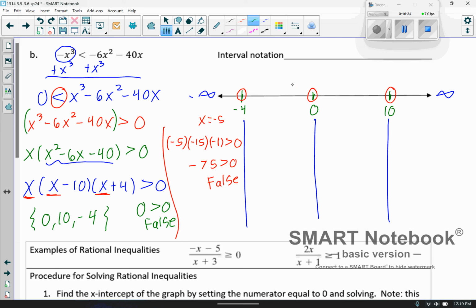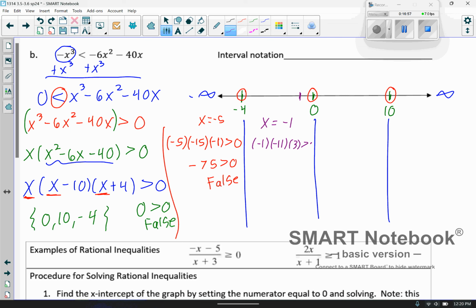Next, let's pick something between -4 and 0. You could use -3 if you want, but I want to keep my numbers small, so I'm going to use -1. The first factor would be -1, the second one would be -11, and the third one would be 3.